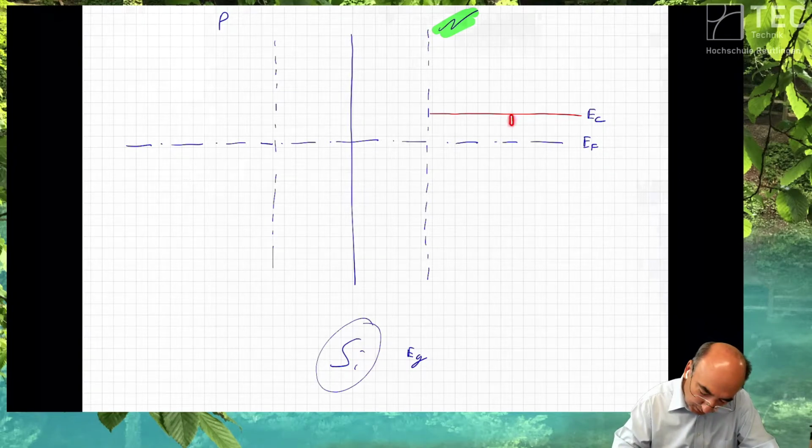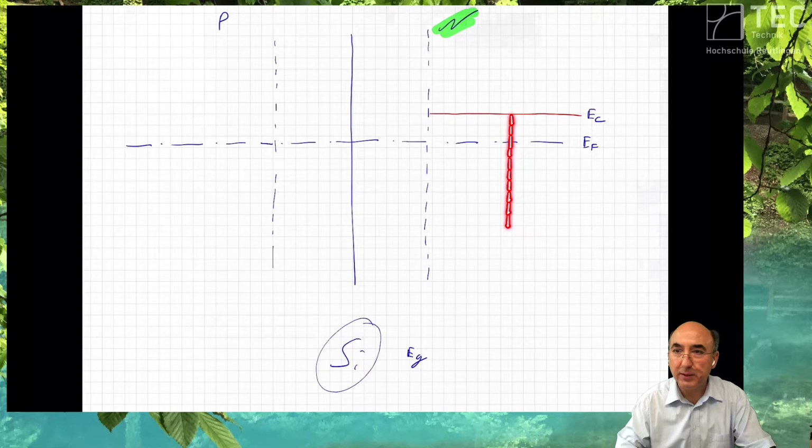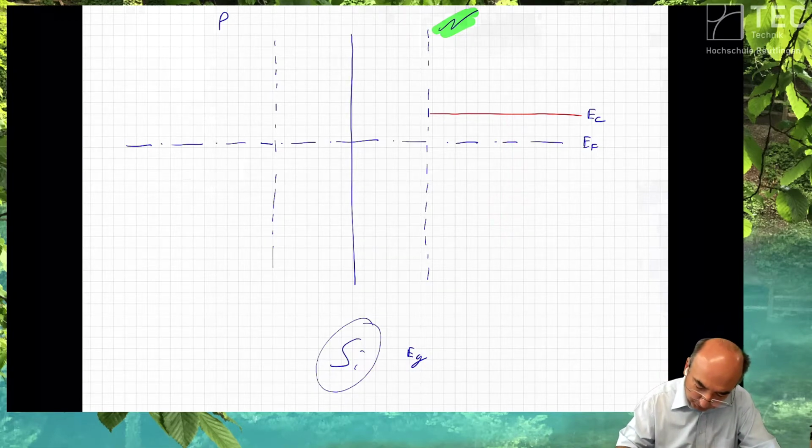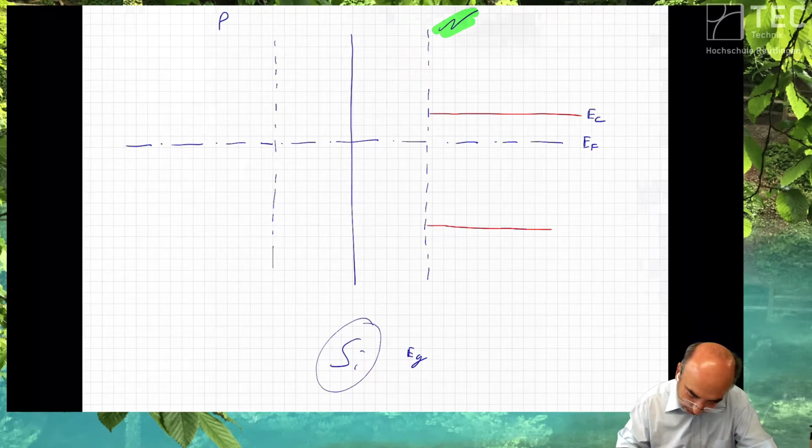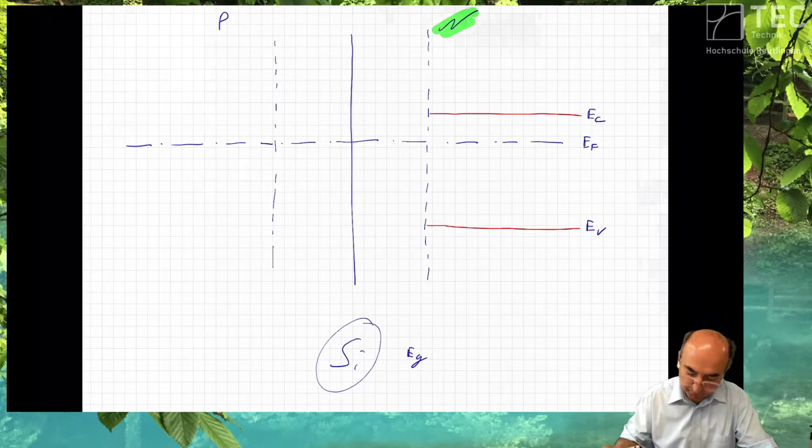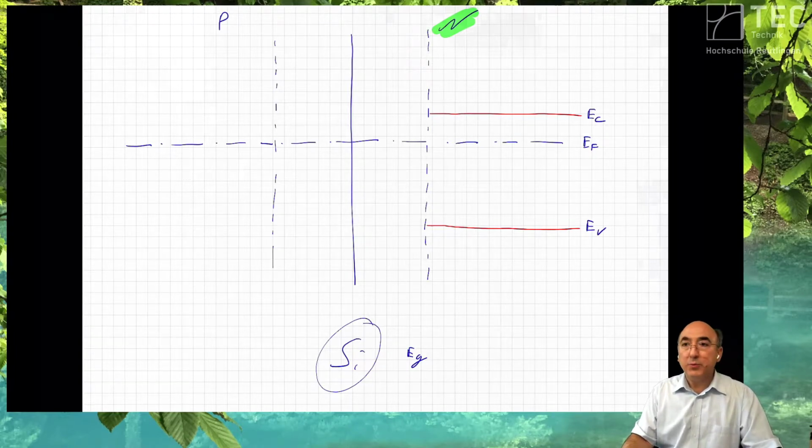Let's say it is 10 squares: 1, 2, 3, 4, 5, 6, 7, 8, 9, 10 squares. So our band edge for the valence band is here.